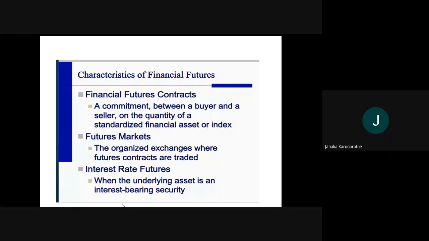So if you use an interest bearing security for your hedging purpose, then we call it an interest rate future. A futures contract based on an interest bearing asset, we call the interest rate future.